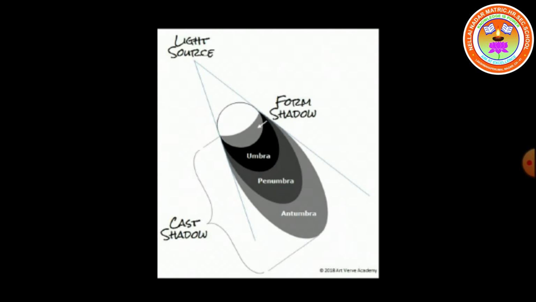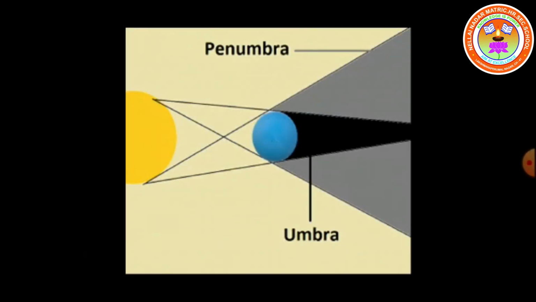When an opaque object is placed in the path of light coming from a broad source of light, a small umbra will appear on the screen and an illuminated shadow area appears around the umbra. This illuminated shadow area is called penumbra. The penumbra always surrounds the umbra.